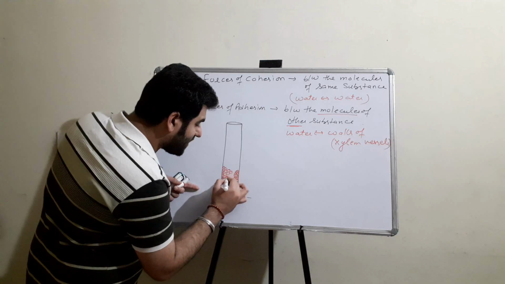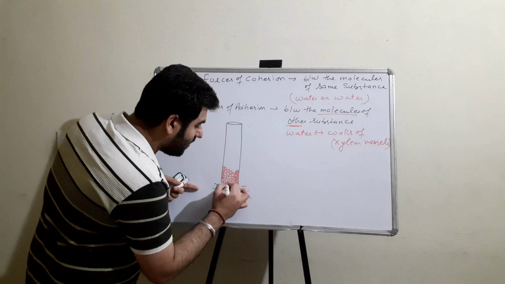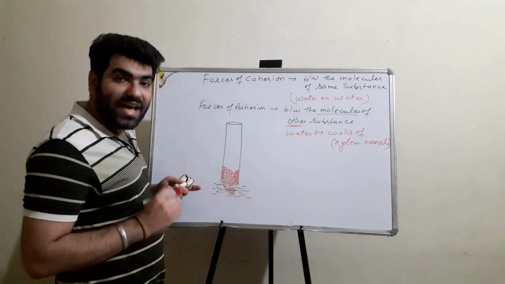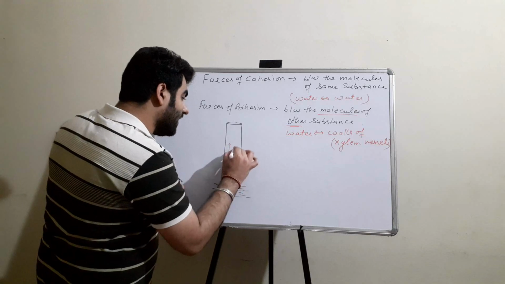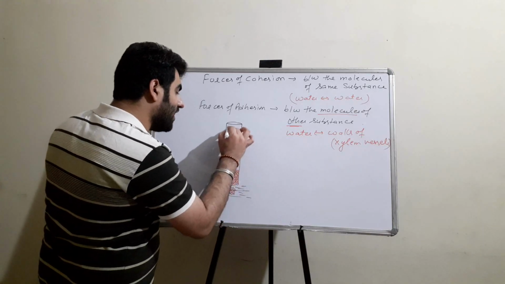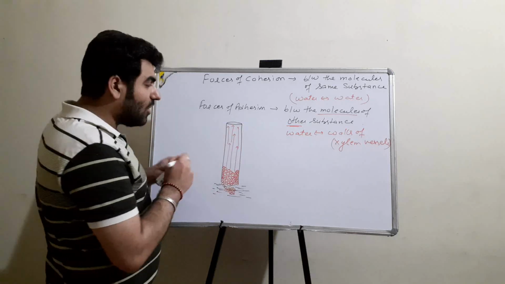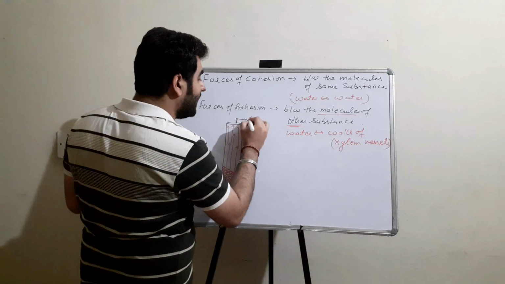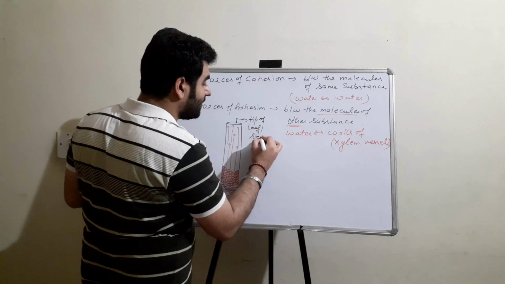So this is how the water starts to rise due to the presence of the adhesive as well as the cohesive forces, and in the end all the water molecules will rise up to the tip of the plant. This would be either the tip of a leaf, stem or branch.